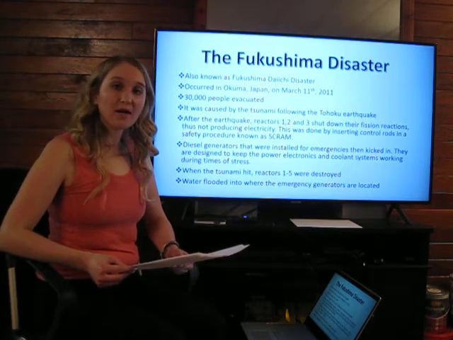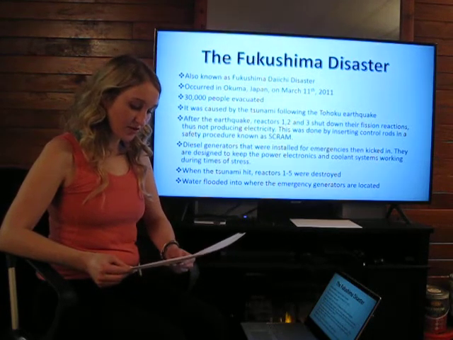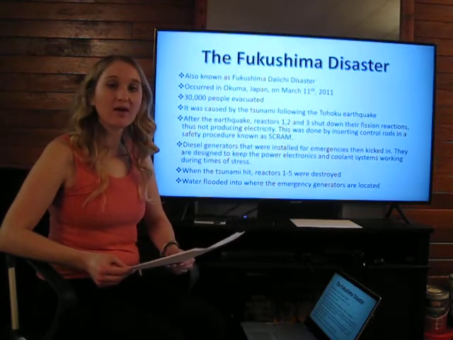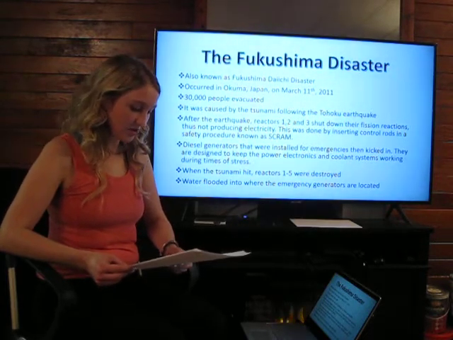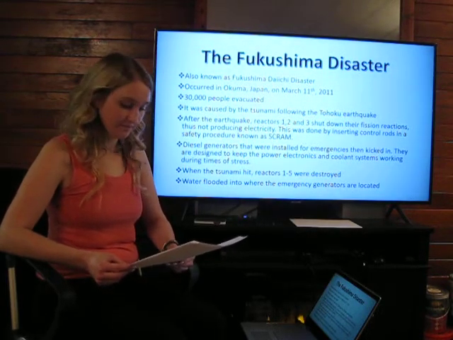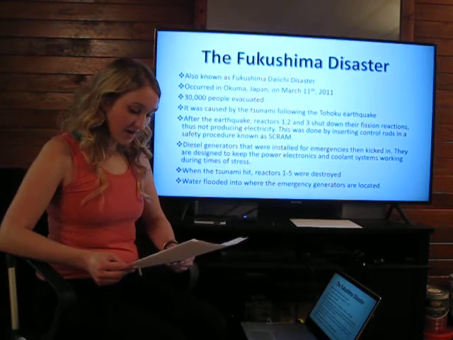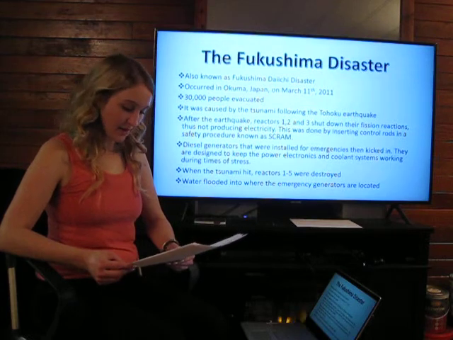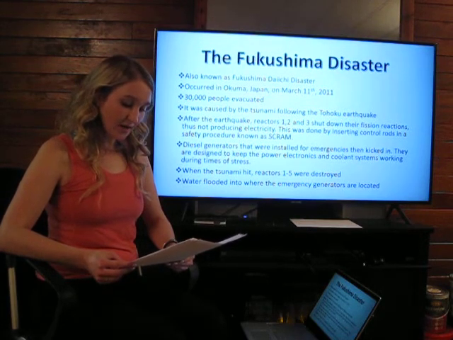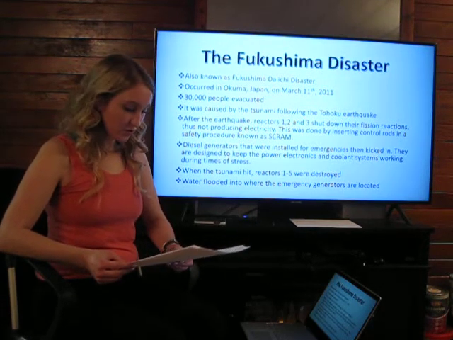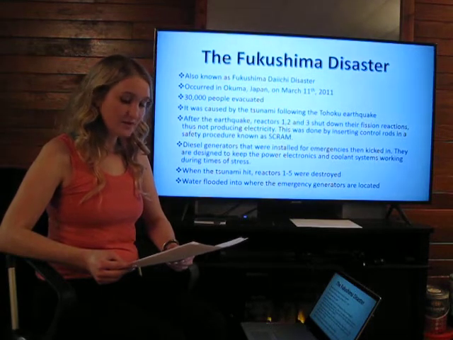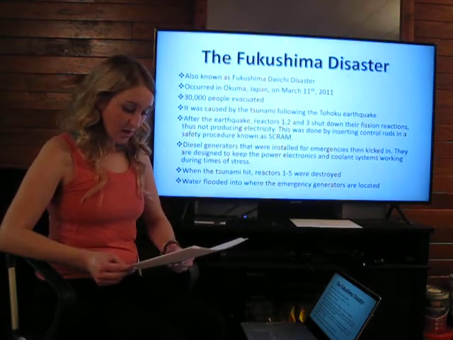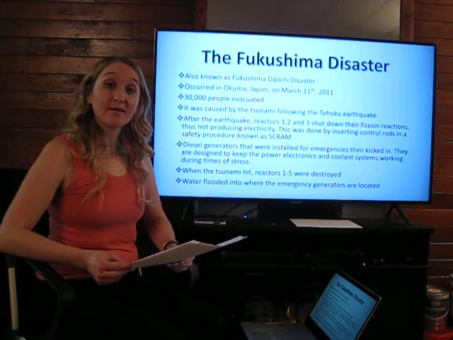After the earthquake, reactors 1, 2, and 3 that were producing electricity automatically shut down their sustained fission reactions. This was done by inserting control rods in a safety procedure known as SCRAM. Because the reactors were unable to generate power to run the coolant pumps, diesel generators that were installed for emergencies kicked in.